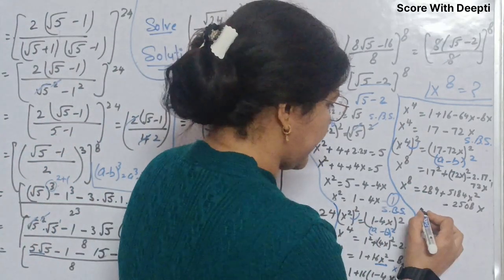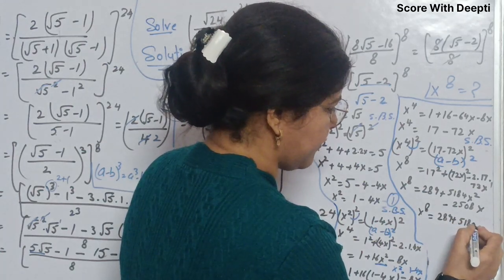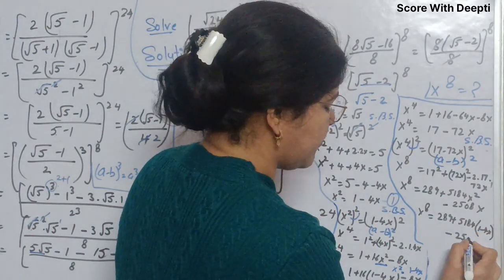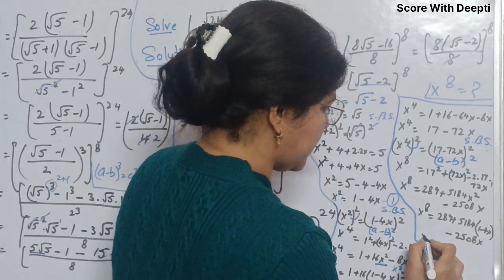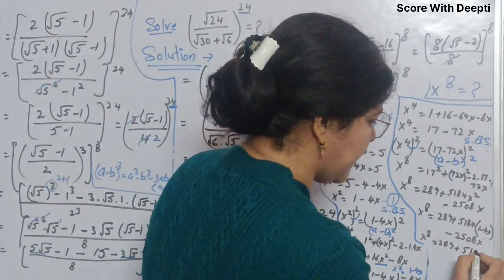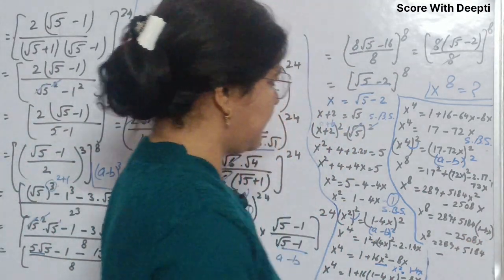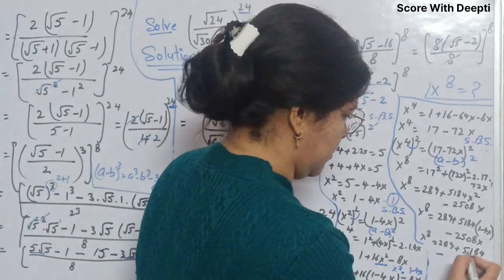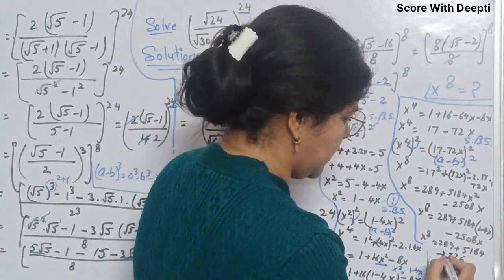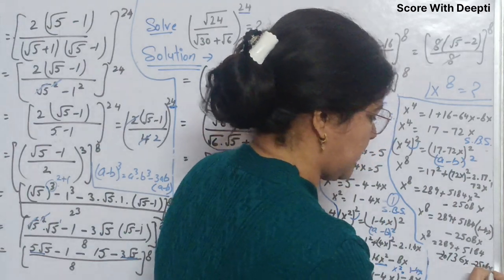means here we write x to the power 8 equal to 289 plus 5184 into (1 minus 4x) minus 2448x. Next we solve this and get 289 plus 5184 minus, multiply 5184 with 4, we get 20736x minus 2448x.